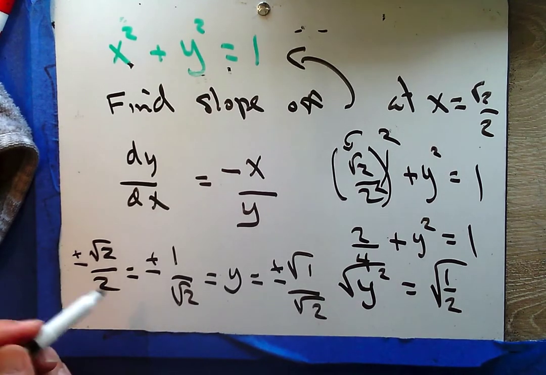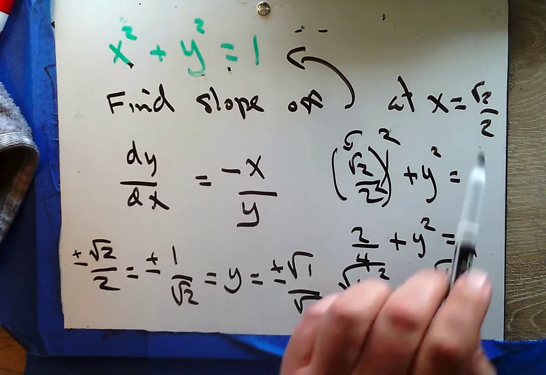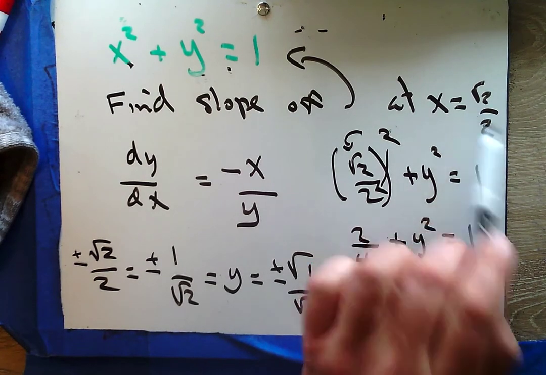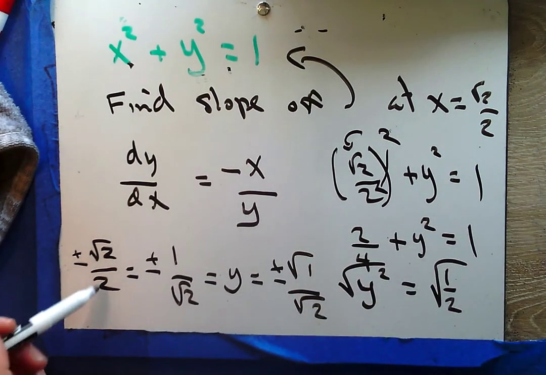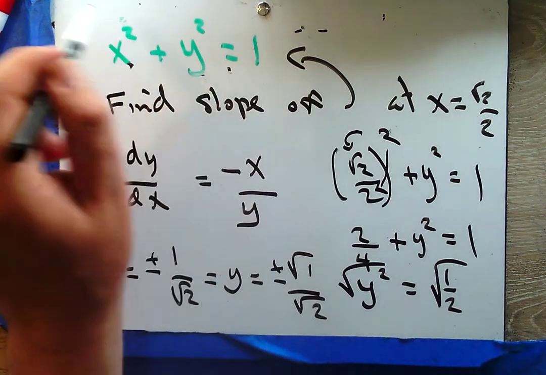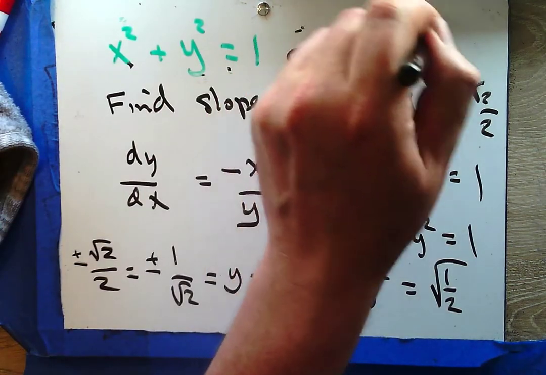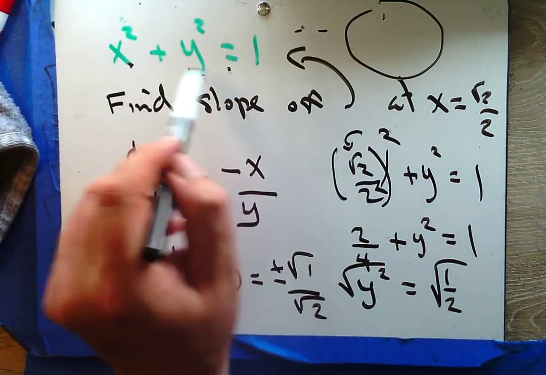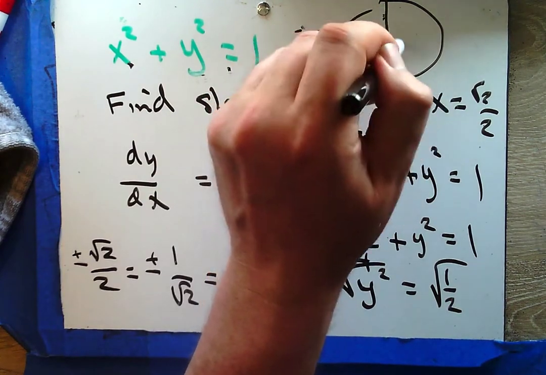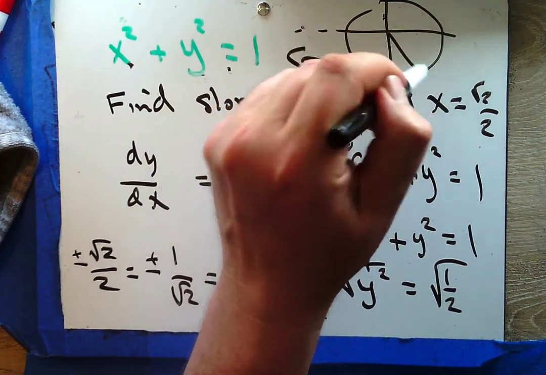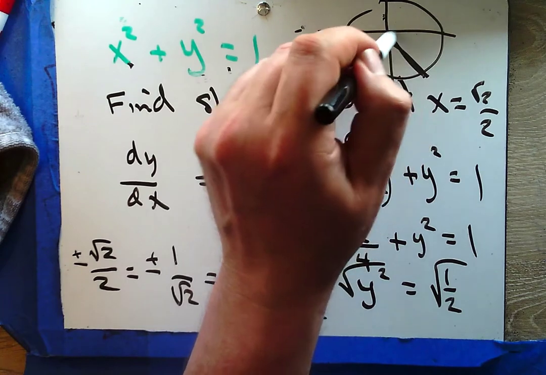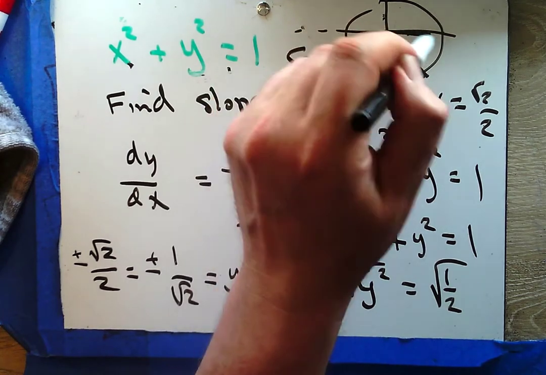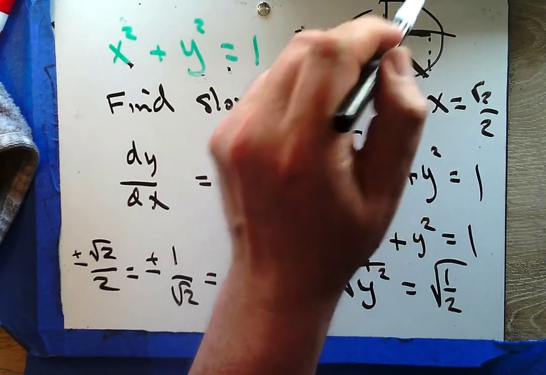Okay, and are we surprised that when x is positive root 2 over 2, we have two different y values? Well, no, because this is the unit circle, by the way, right? It's got a radius of 1 centered at the origin. And what we're saying here is there's this one where we have positive root 2 over 2 and negative root 2 over 2.